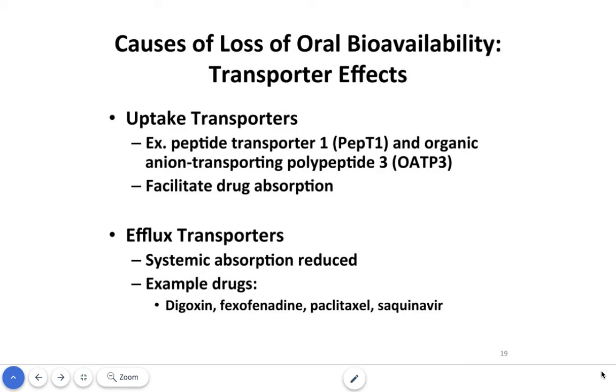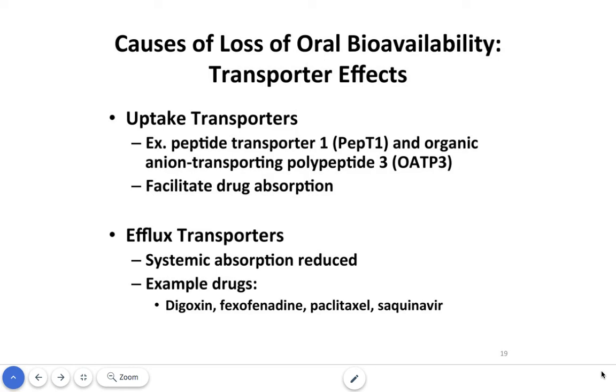Now, I indicated earlier that there are uptake transporters as well as different types of transporters that are spread across the GI tract. There are several examples of uptake transporters. One is PEPT1, or peptide transporter 1, and another is the organic anion transporting polypeptide, OATP3.